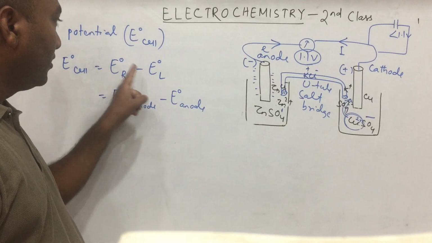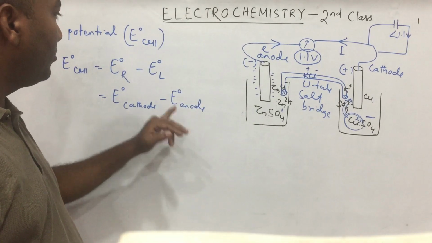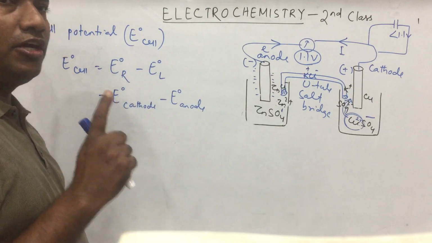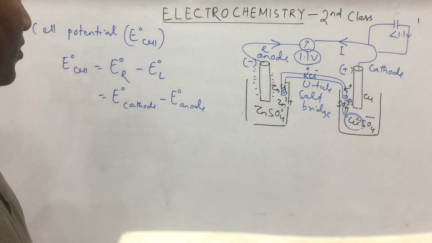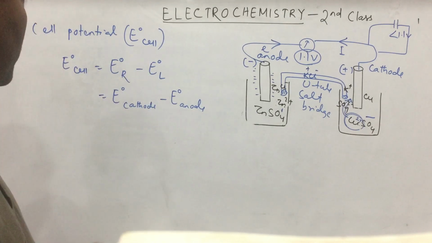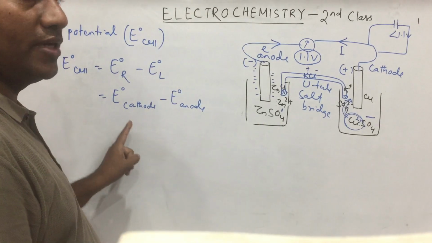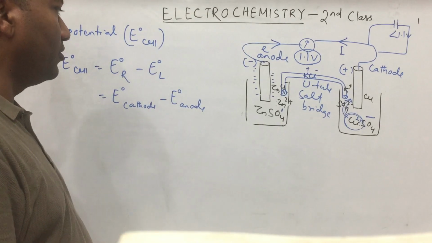And you see why it is negative, because just a few minutes before I said always the data will be in reduction potential form. Then only this formula is correct, otherwise this formula is wrong. So E° of right minus E° of left, or E° of cathode minus E° of anode.